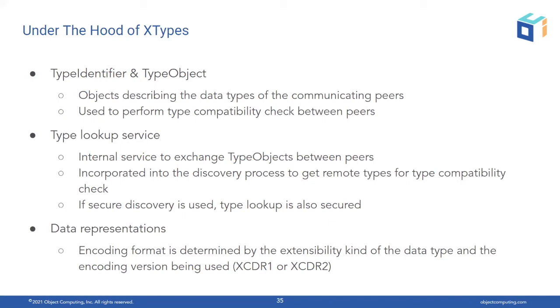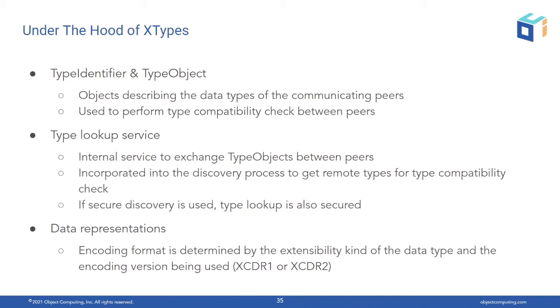The type lookup service is incorporated into the discovery process so that the local application can learn about the remote data type and perform the compatibility check between the local type and the remote type. We also provide security for the type lookup service, and this is enabled when security is enabled in discovery.